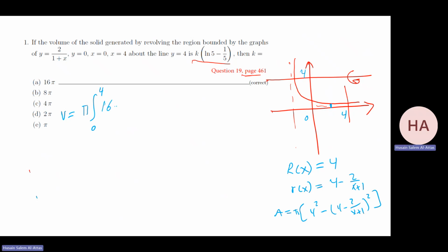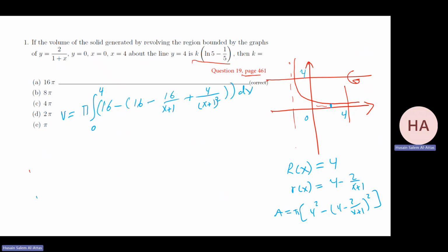16 minus 16 minus 4 times 2 times 2, 8, 16 over x plus 1, plus 4 over x plus 1 squared, dx.